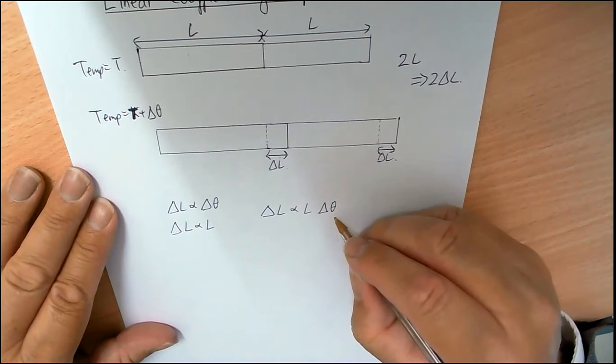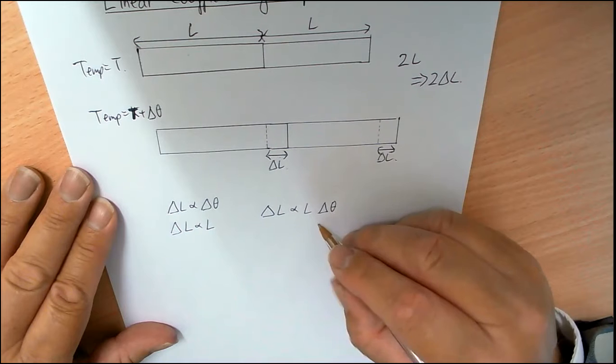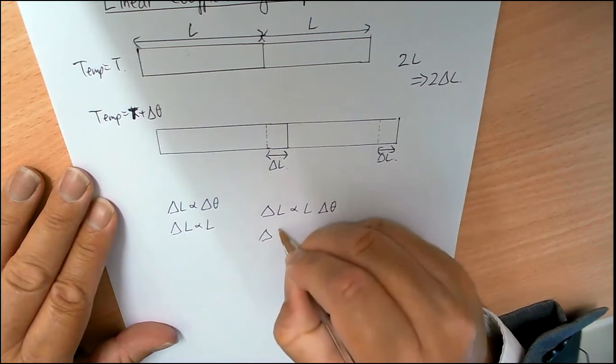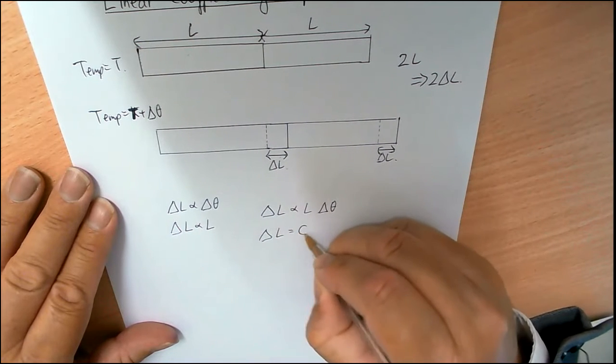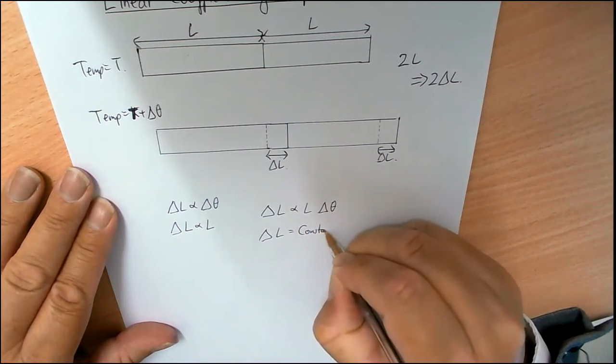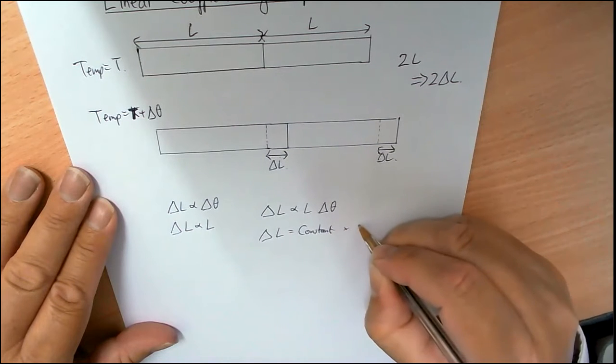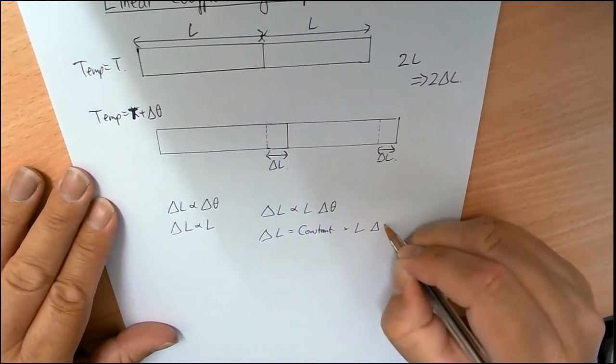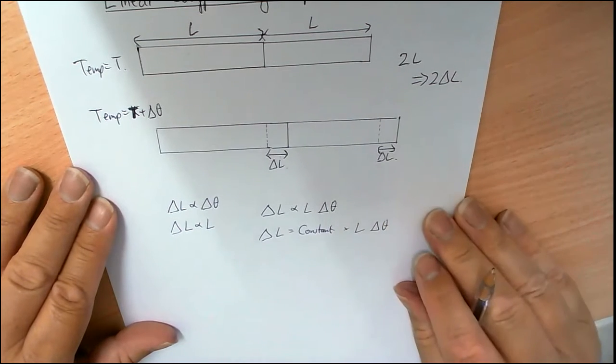Now, if that's the case, then you have this idea that delta L is equal to some constant multiplied by the unstretched length multiplied by the change in temperature.